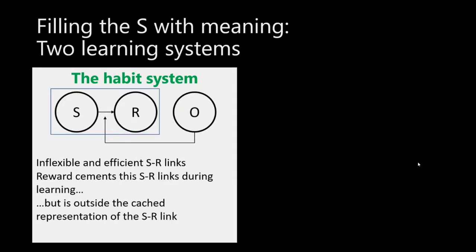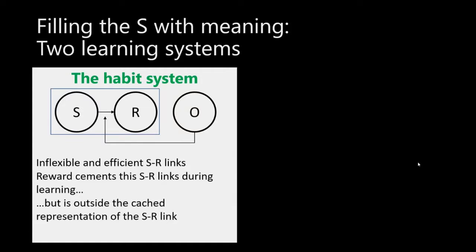One of these systems is the habit system, which creates these strong stimulus-response links that we call habits. Once we have created one of these habits, it is very inflexible, but at the same time it's very efficient. So you don't need a lot of cognitive effort to trigger the habits, and it's very rapid, but at the same time it's hard to change, even if you want to.